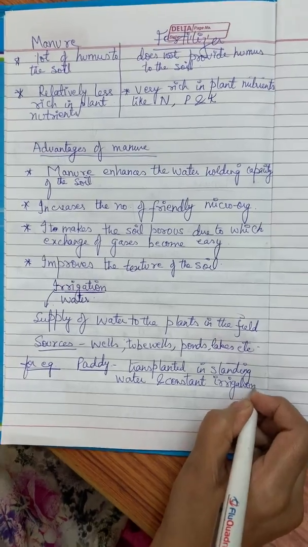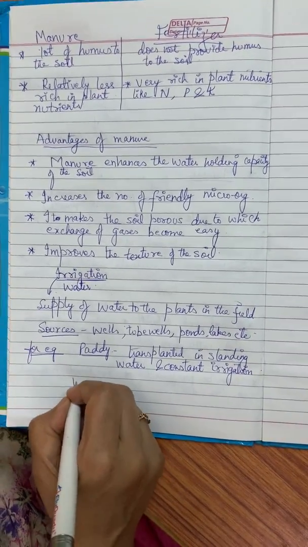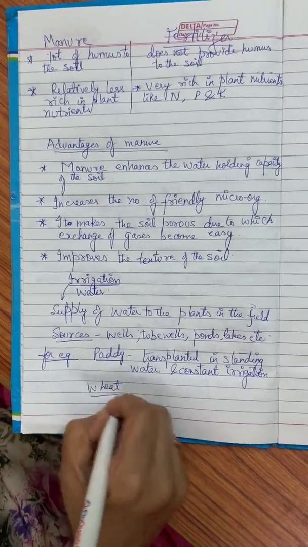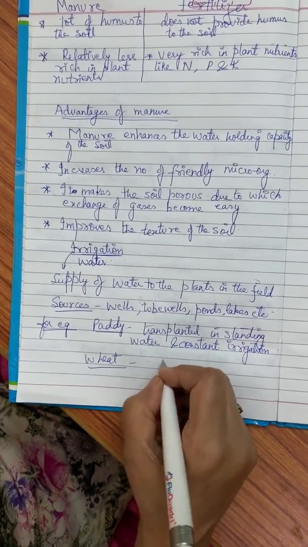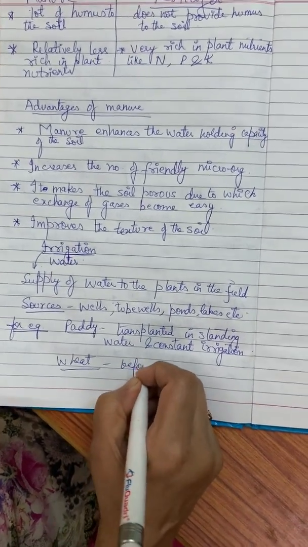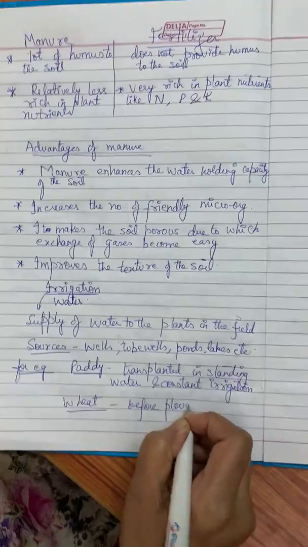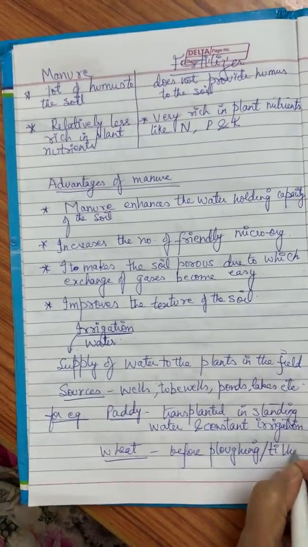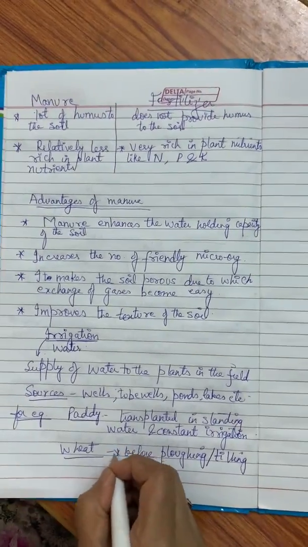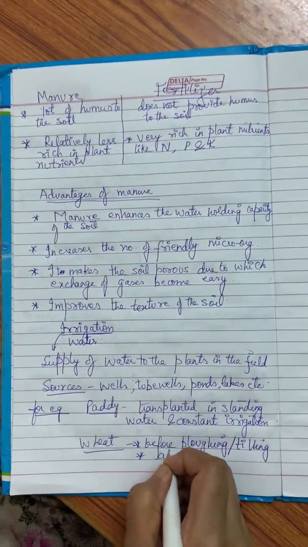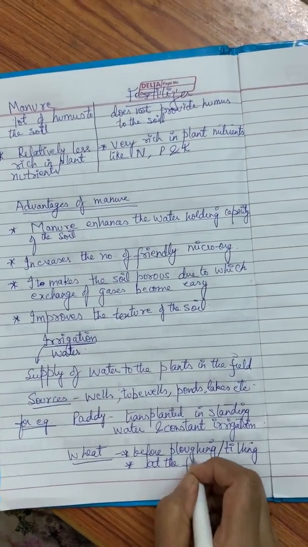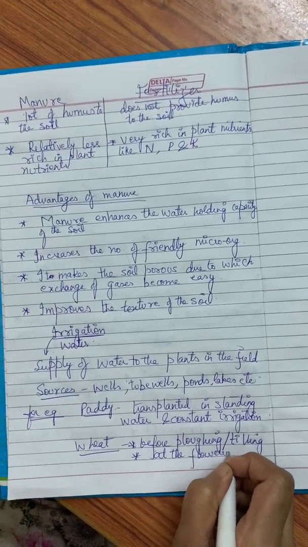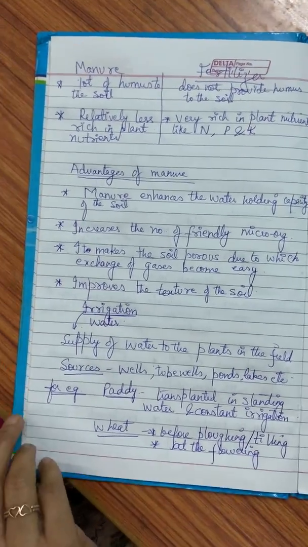That is, frequently the water is required. Whereas wheat, irrigation is needed before plowing or tilling and at the time of flowering also. The irrigation is needed in the case of the wheat.